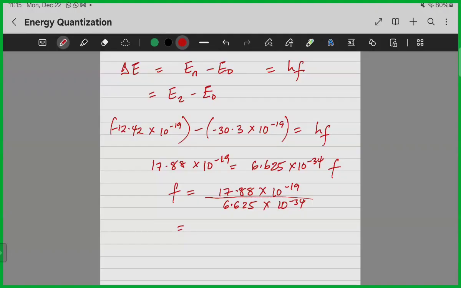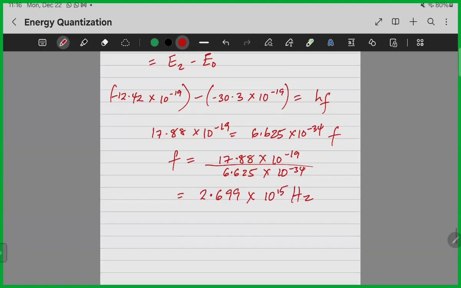That will give me 2.699 times 10 raised to the 15 hertz.